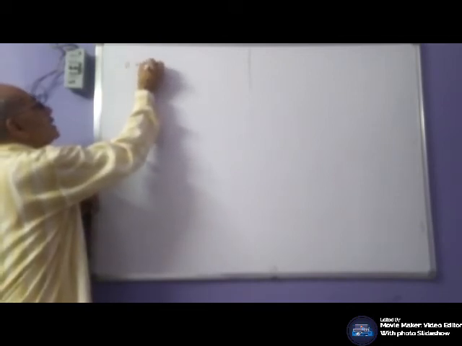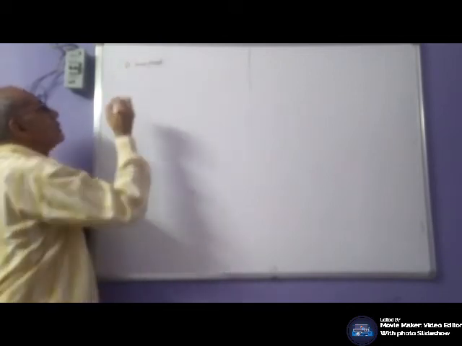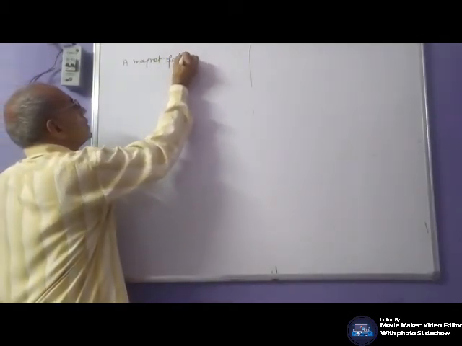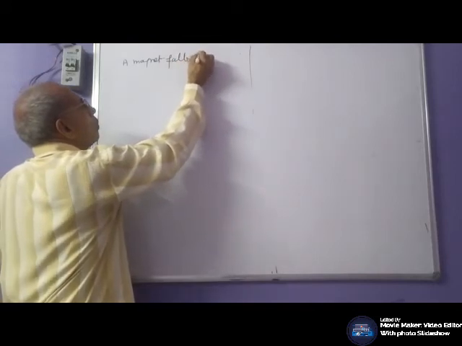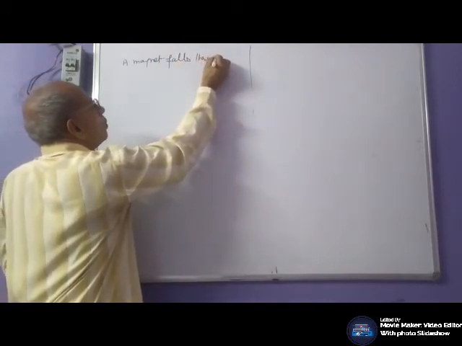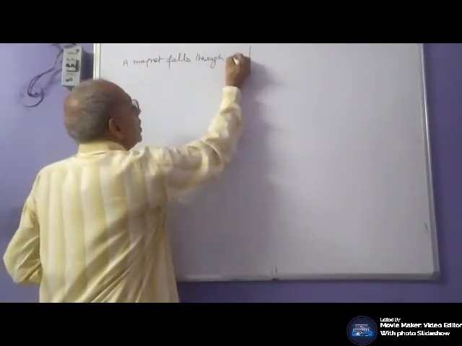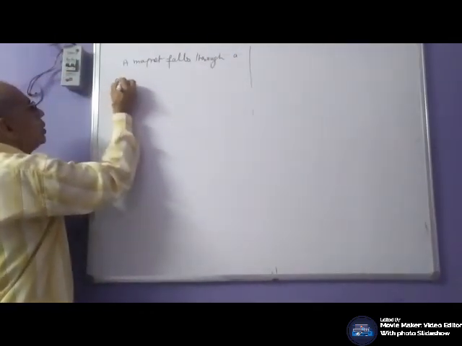A magnet falls through a conducting loop.